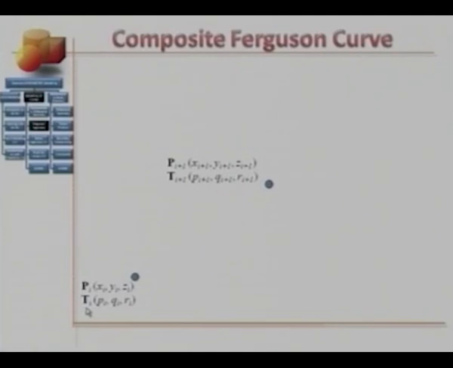The slopes are ti and ti plus 1 with components pi, qi, ri, and pi plus 1, qi plus 1, and ri plus 1. These are the directions of ti and ti plus 1 respectively, and this is how a Ferguson segment between the 2 points may look like.